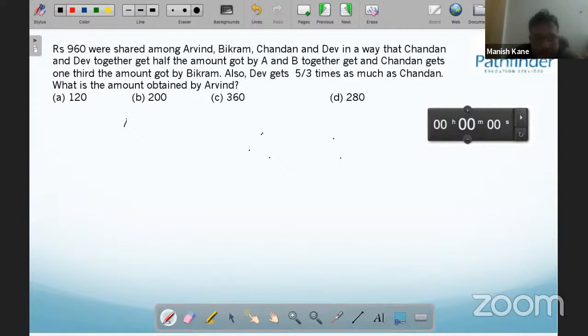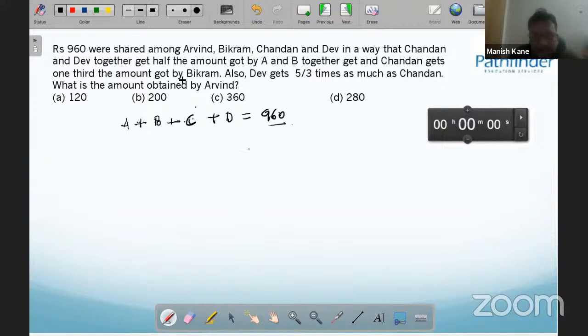So obviously, the sum of monies obtained by them, Arvind plus Bikram plus Chandan, I'm sorry, there is something wrong with my equipment today, plus Dev is equal to 960. This is the first thing that you need to understand.